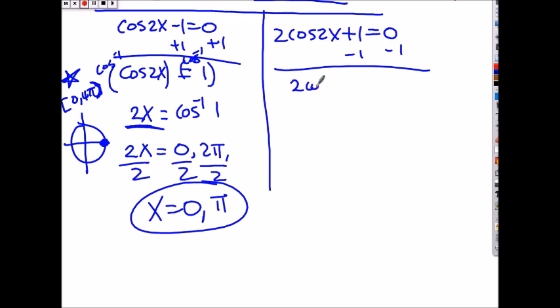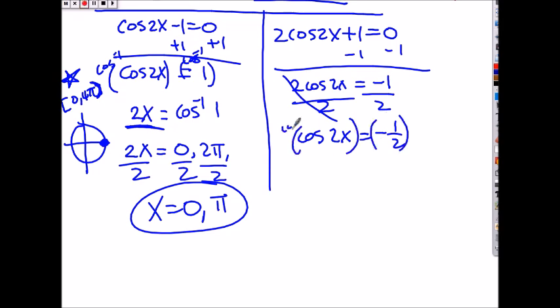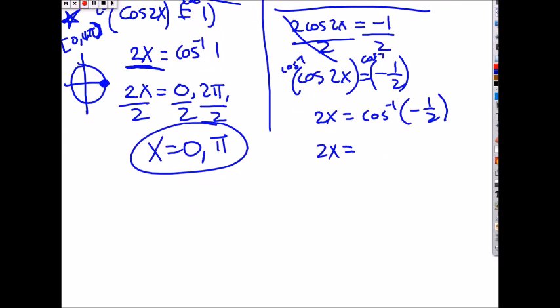So 2 cosine of 2x equals negative 1. Divide by 2 to get rid of the coefficient of 2. Cosine of 2x equals negative 1 over 2. Now take the inverse. So 2x becomes arc cosine of negative 1 over 2.